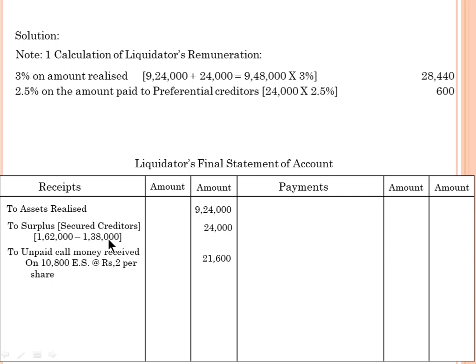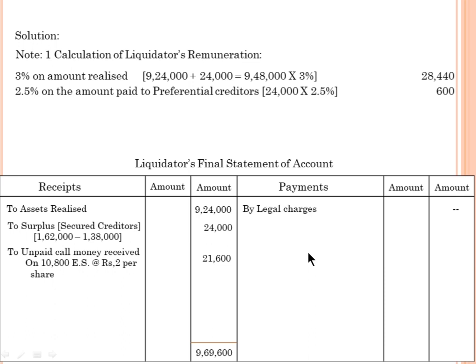Unpaid call money received: out of 12,000 equity shares, except 1,200 shares, the remaining 10,800 shares paid the 2 rupees final call. So 10,800 into 2 is 21,600. Find the total: 9,69,600.